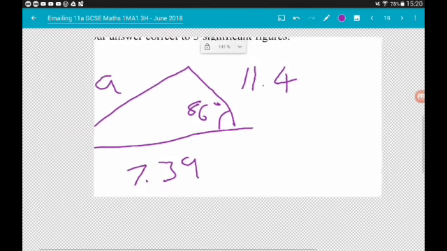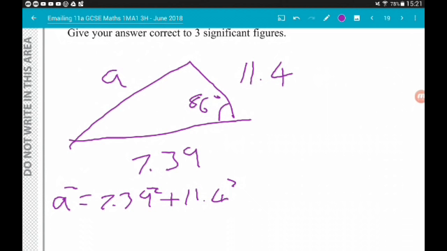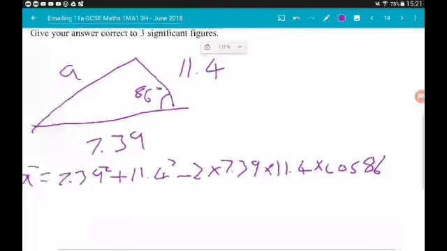Okay, so by cosine rule, we know then that a squared is equal to 7.39 squared add 11.4 squared minus 2 times 7.39 times 11.4 times cos of 86.